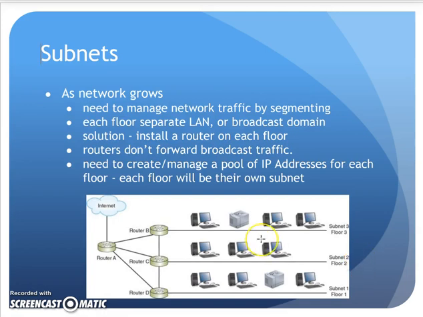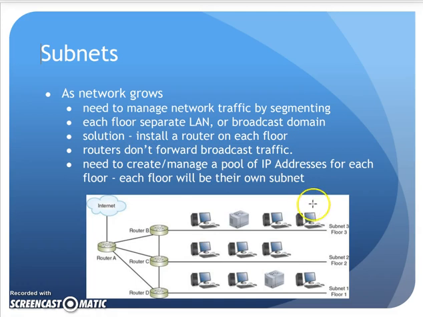So the book then talks about, okay, as the network grows, as more nodes come online or more traffic comes online, a solution could be to literally create a subnet for each floor using a layer 3 solution, in this case routers. So in this design, they put a router on each floor. What that's going to do is, if I install a router on each floor, the routers aren't going to forward broadcast traffic.